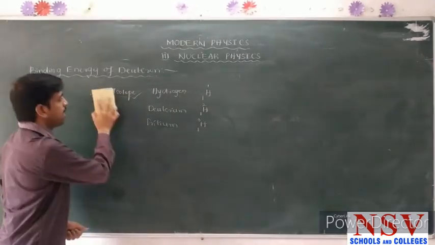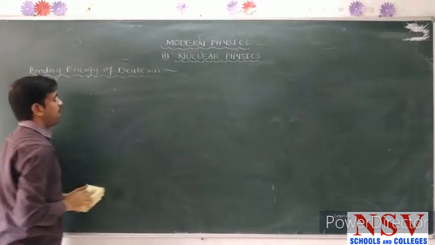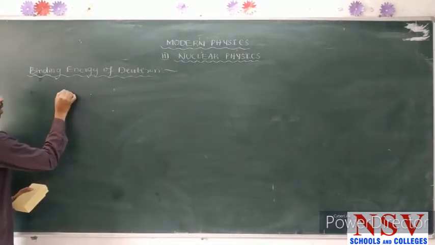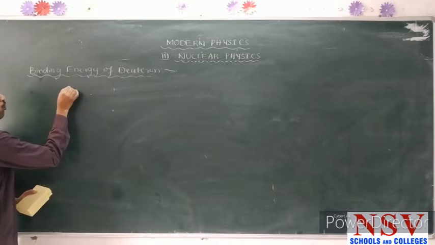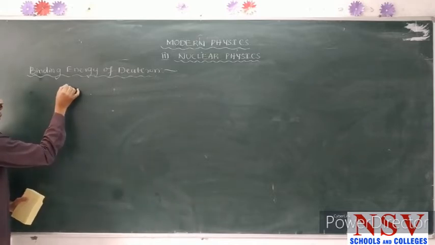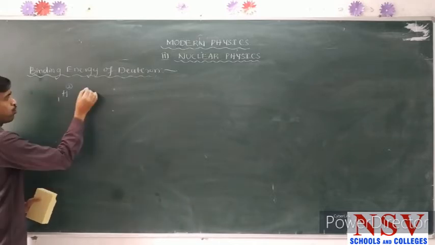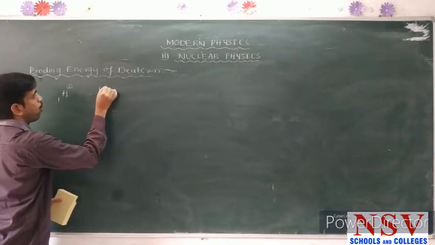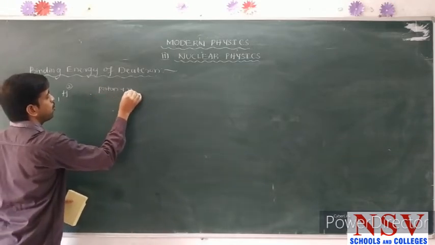In deuterium, the number of protons is 1 and the number of neutrons is also 1, so the atomic mass is represented by the sum of protons and neutrons.